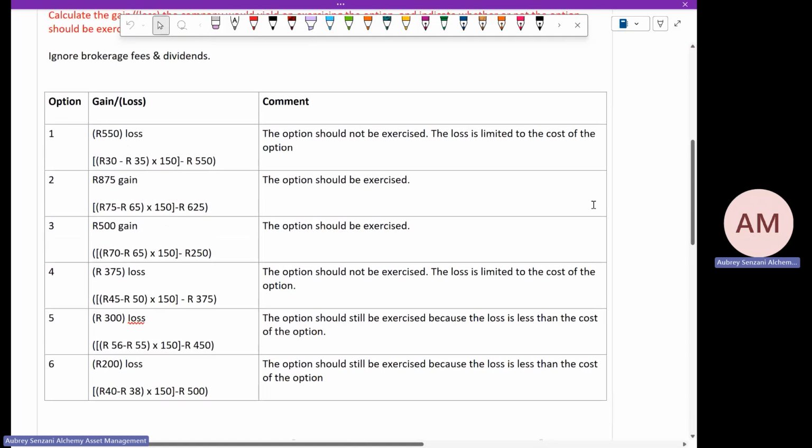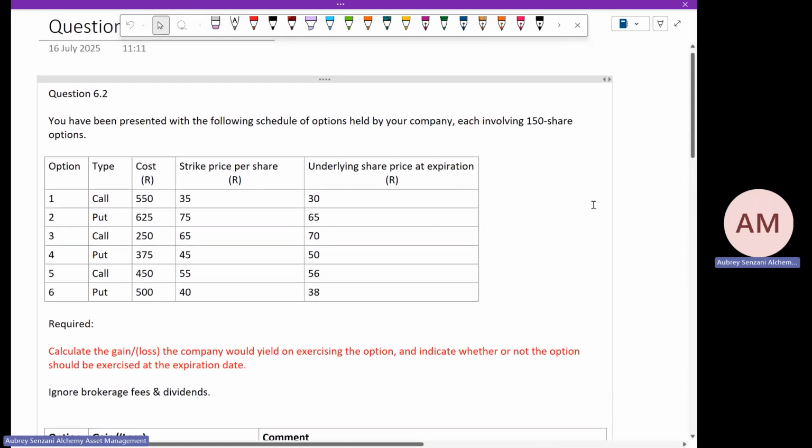So now, they give us some scenarios. You have been presented with the following schedule of options held by your company, each involving 150 share options.